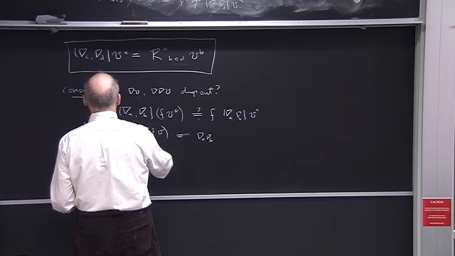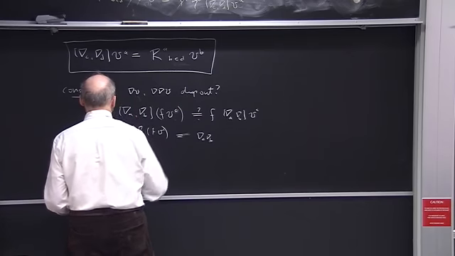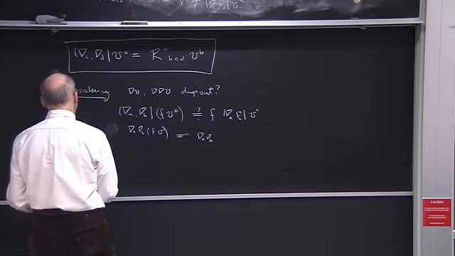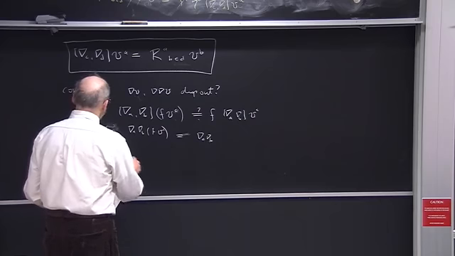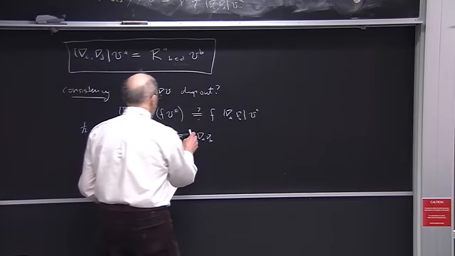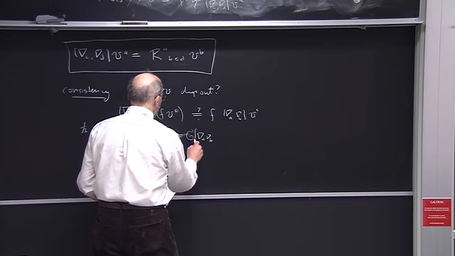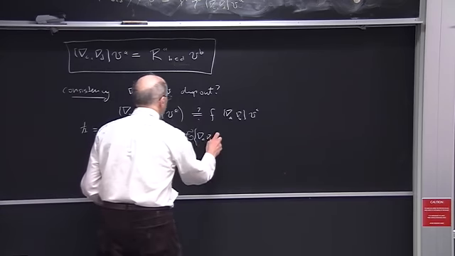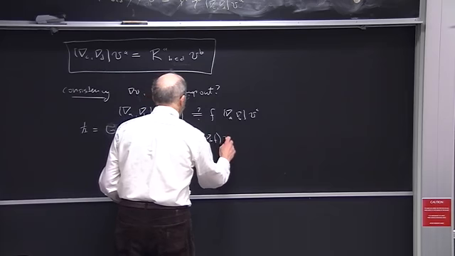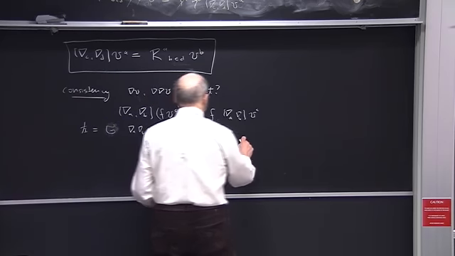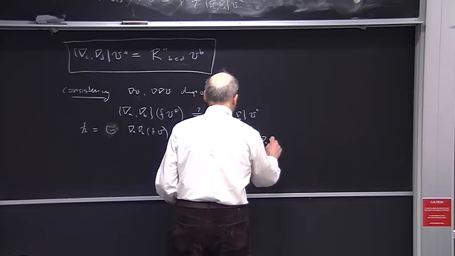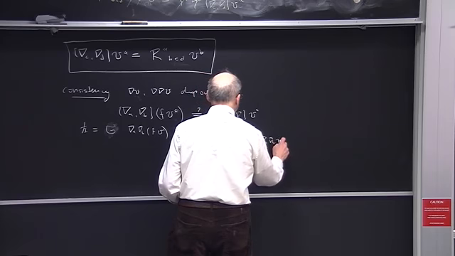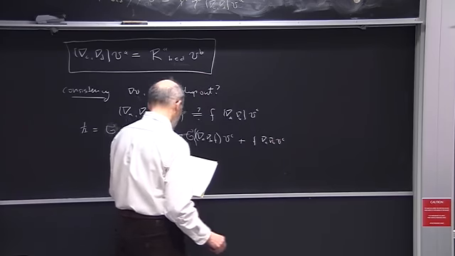We need to symmetrize everything here too. So one term is the derivative acting on f, multiplying by V. Then there'll be the other term, which is the one we want, f times grad A, grad B acting on V. And then there'll be two more terms.